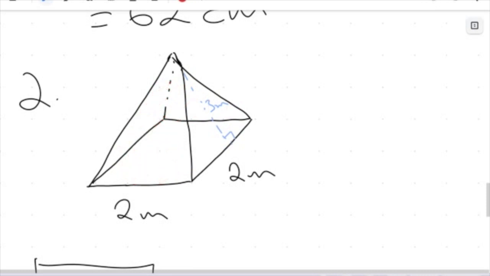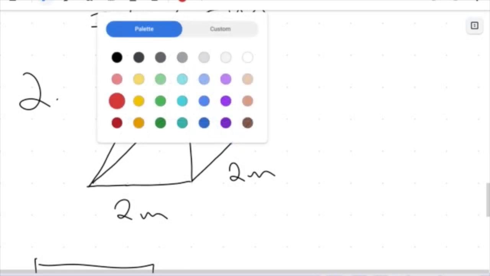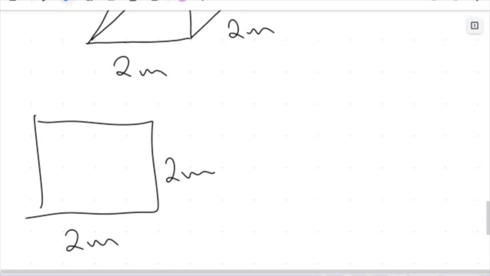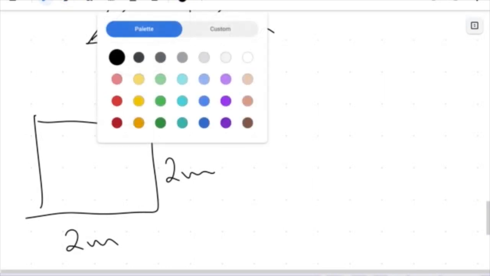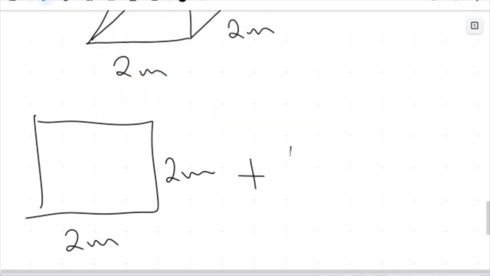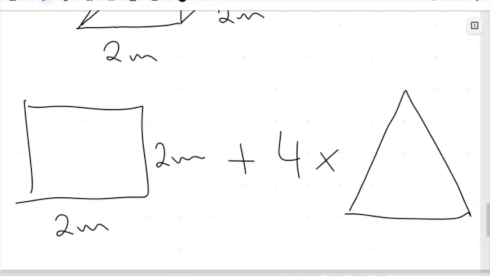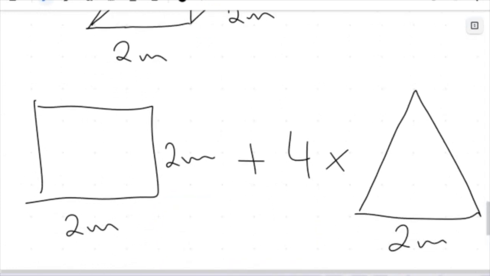I have the front and back ones, that makes 2. And I have the 2 sides, 3 and 4. So I have 4 equal triangles. So when I find my surface area, I'm going to add this to 4 lots of this triangle with a base of 2 meters and a perpendicular height of 3 meters.